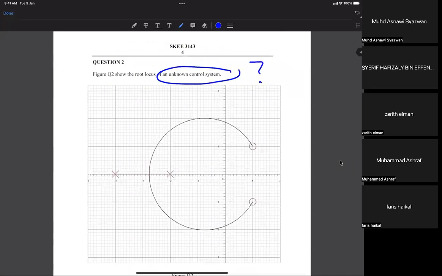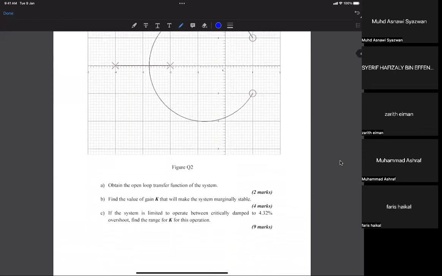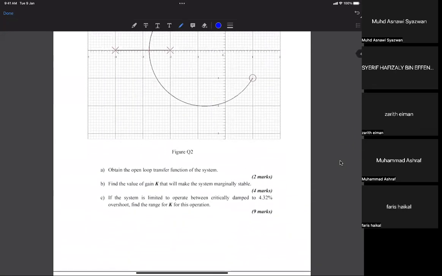Unknown means the open loop transfer function is not given. A, obtain the open loop transfer function of the system. B, find the value of gain that will make the system marginally stable. And C, if the system is limited to operate between critically damped to 4.32% overshoot, find the range of K for this operation.